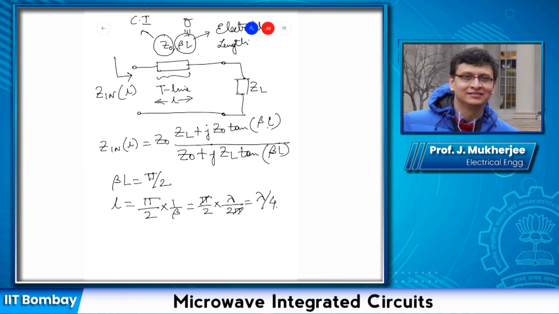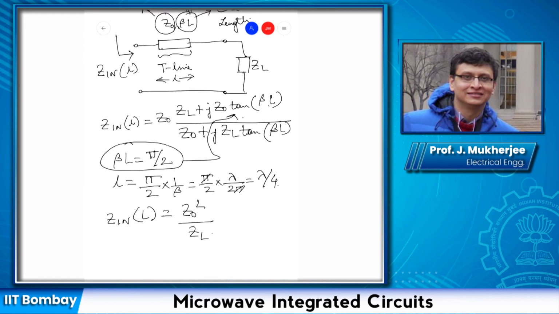Okay, so now substituting beta L equal to pi by 2 here, what do I get? Zin of L will become Z0 square upon ZL. So what do we see from this equation? Note that Z0 is always positive, isn't it?